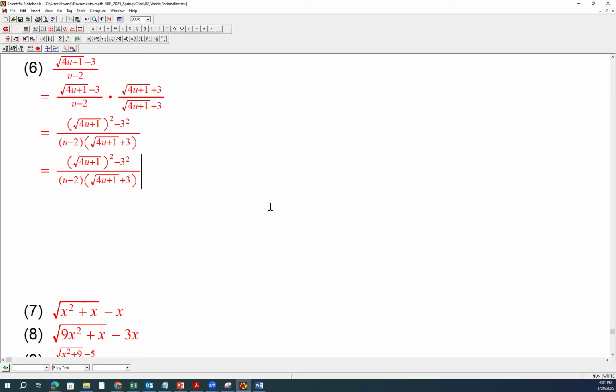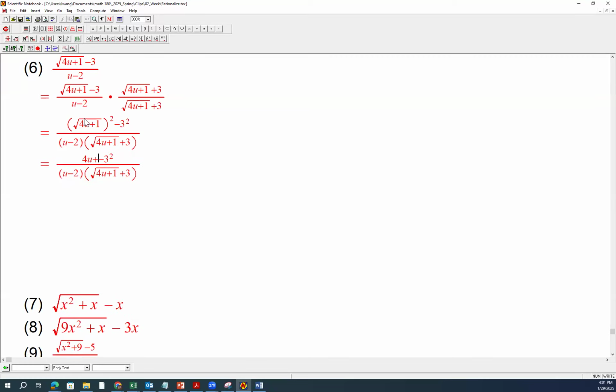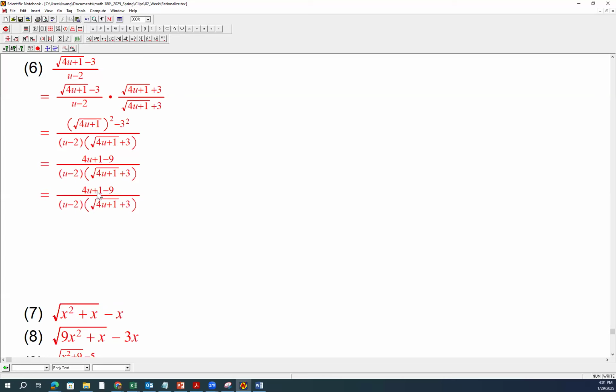With these academic questions, let me say it again: you are always better off keeping your factored form. So now this piece will turn into 4u plus 1, and 3 squared is a 9. And we're going to combine the like terms.